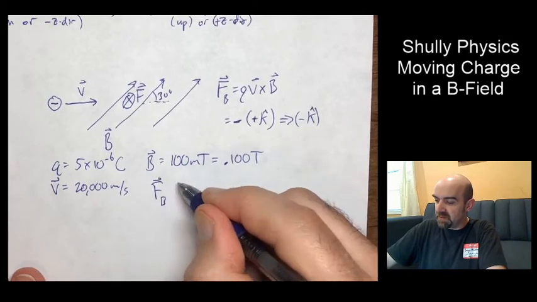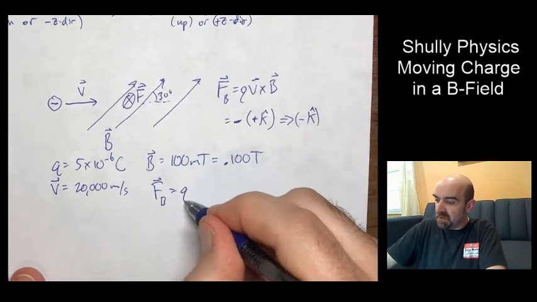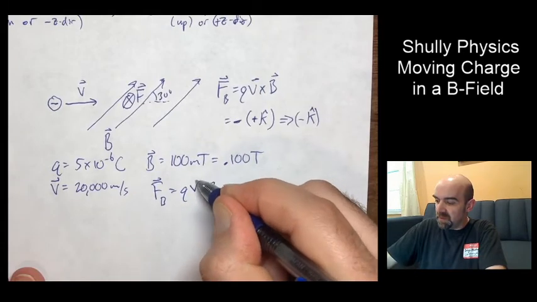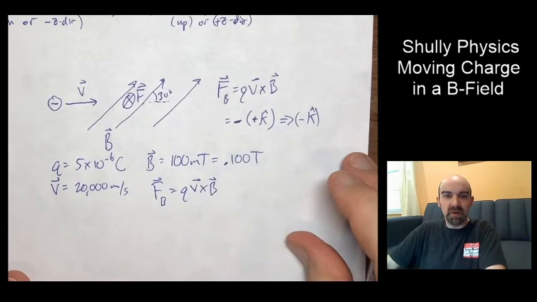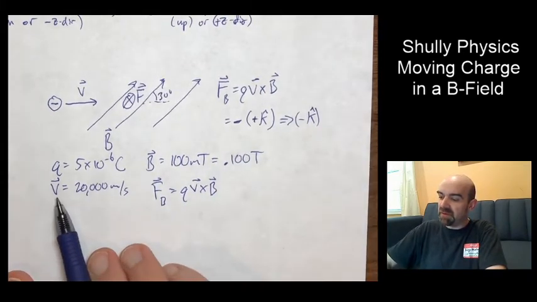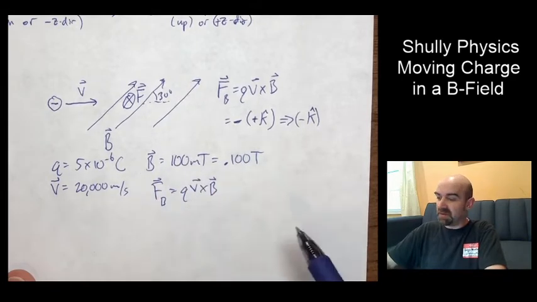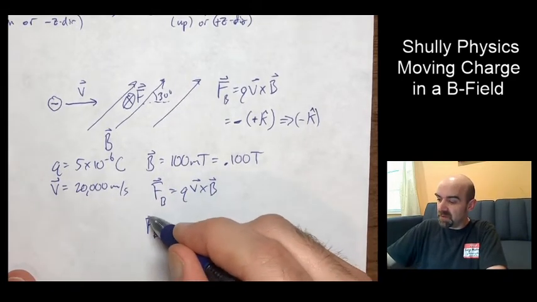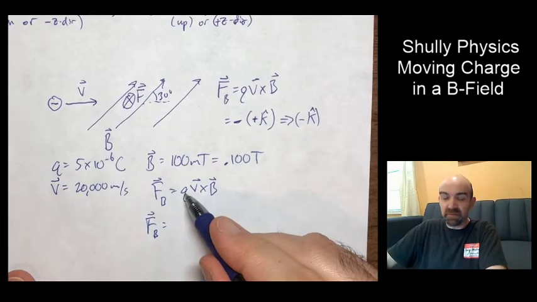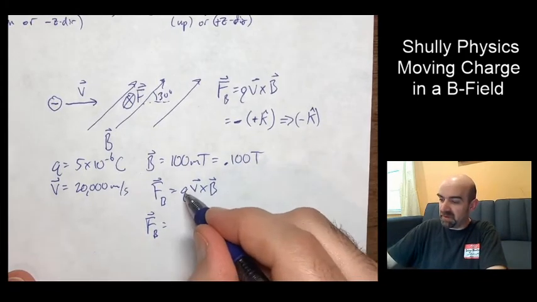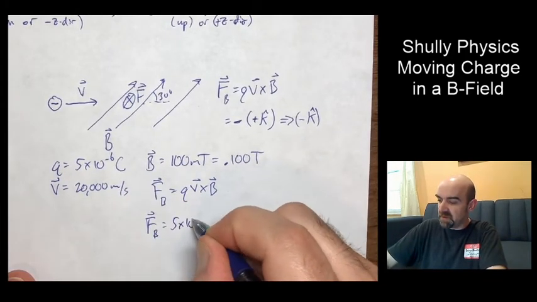The magnitude of the force would be Q V cross B. Now we're given the magnitude of V and the magnitude of B. So how do we solve a cross product given the two magnitudes? Well, we're going to first plug in the scalar quantity. The Q is 5 times 10 to the negative 6.